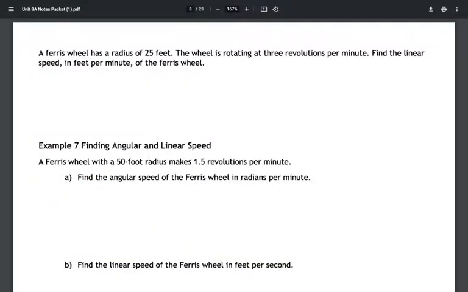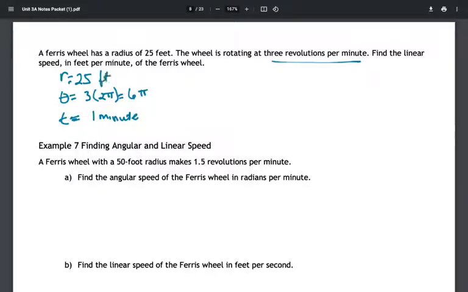All right, another example is a Ferris wheel with a radius of 25. It's rotating 3 revolutions per minute. So our theta will be 3 full circles, so 3 times 2 pi, which would be 6 pi. Our units would be in feet per minute. So the time it takes me to go those 3 revolutions would be 1 minute. And this was in feet, so that matches what they're needing.